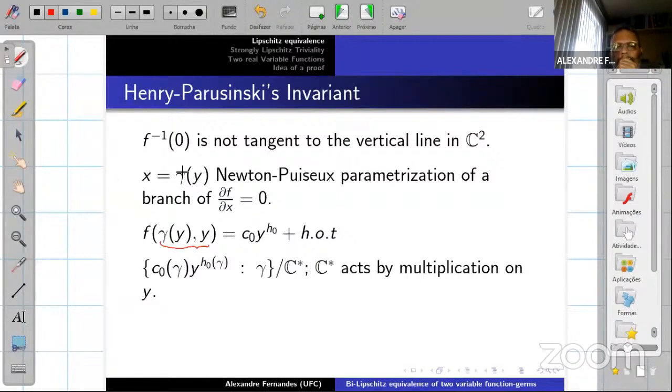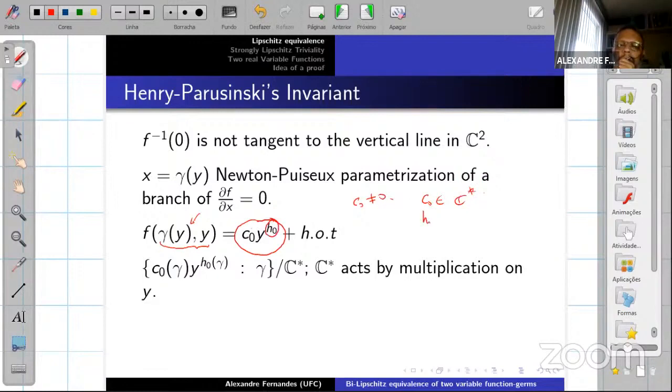Then you put the parametrization of the branch here as a graph, and you compose this with f. You take the Taylor development of that, and you have an initial part of this development. C0 is different from 0. This is a coefficient. C0 is a point in C star, and we have a power here.